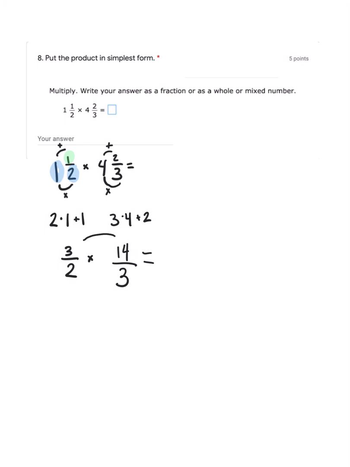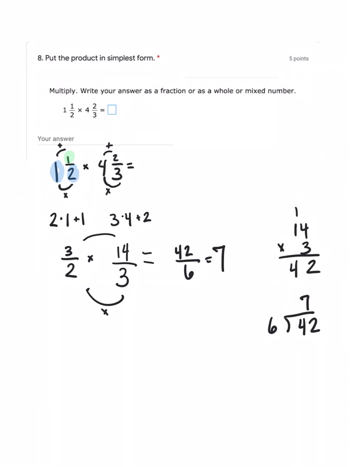Now I can multiply straight across my numerators, and straight across my denominators. Last, I need to divide to put this back into simplest form. And I know that 42 divided by 6 is 7. So altogether, 1 1/2 times 4 2/3 is 7.